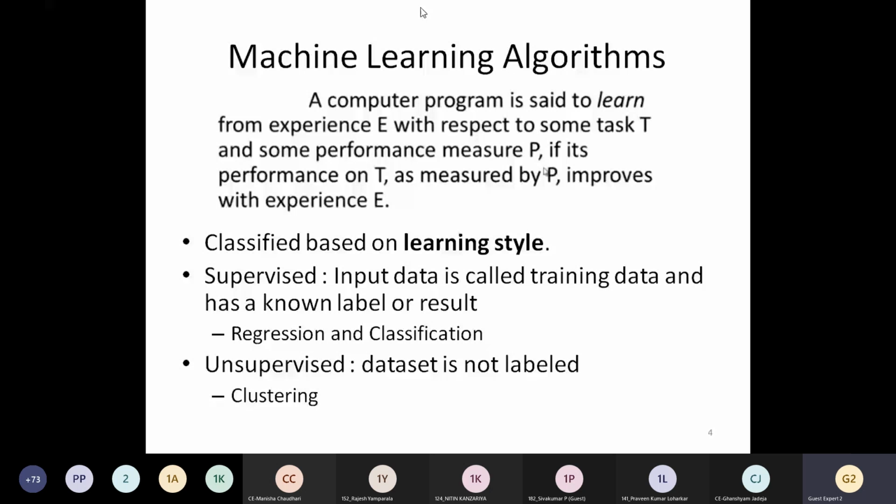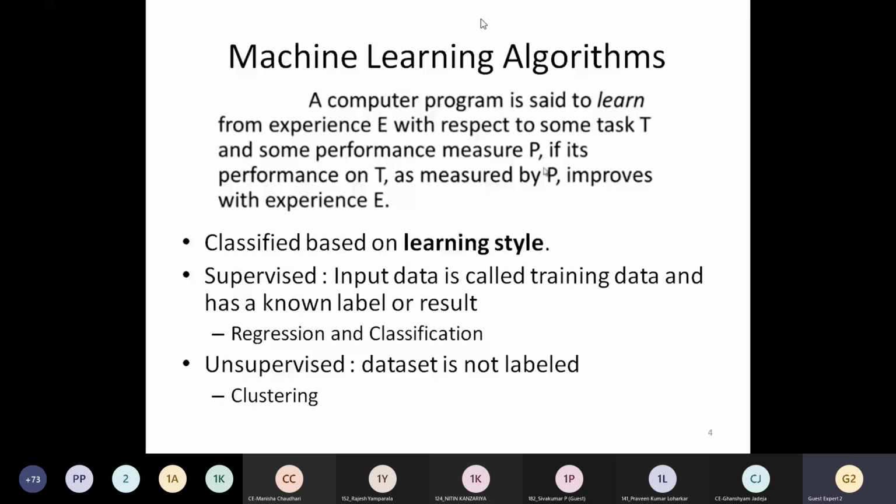The third category is semi-supervised machine learning algorithms, in which some of your data is labeled and some is not labeled. An example is the algorithms used to create games. If you are training a computer to play a game, then you have to use a semi-supervised machine learning algorithm. So that is about the types of machine learning algorithm.